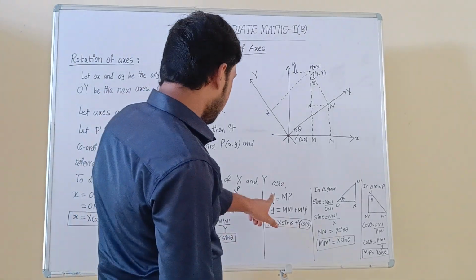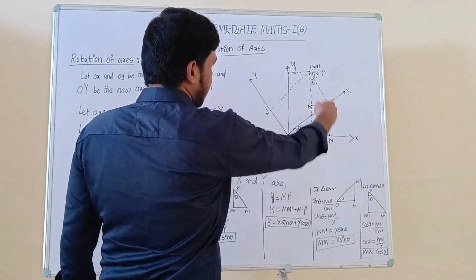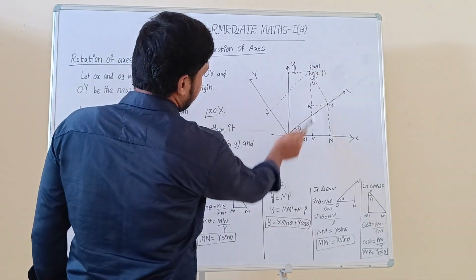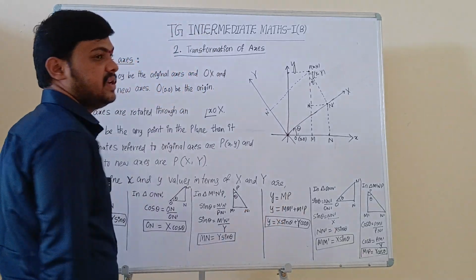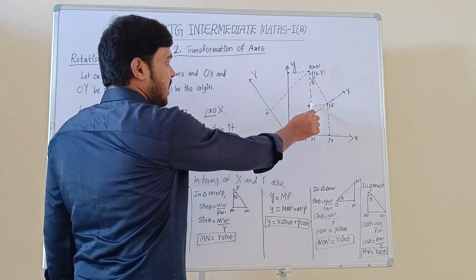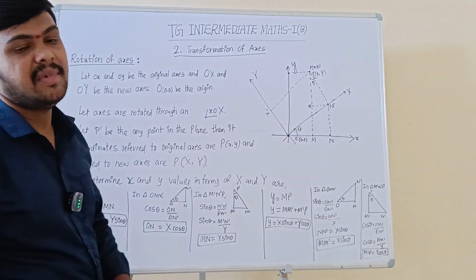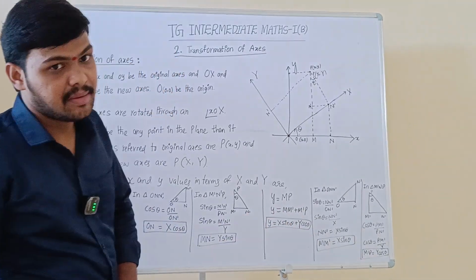After this, I want to find y. The total line MP is y, and MP is a combination of M dash plus M dash P. So y is equal to M dash plus M dash P. Here I want to find M dash.